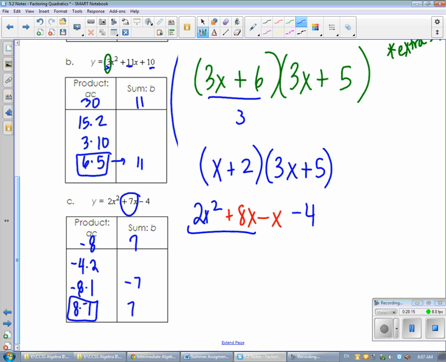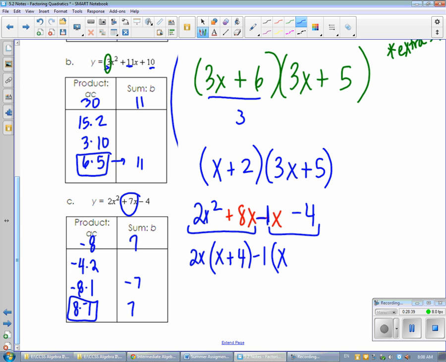And now I'm going to group. And so if I think about the first pair, I can pull out a 2 and an x. I'm left with x plus 4. In the second group, there's really not much I can pull out, but because I've got this minus sign here, I'm actually going to divide out a negative 1. And when I do that, if I divide out the negative 1 from negative x, I'm going to be left with a positive x.